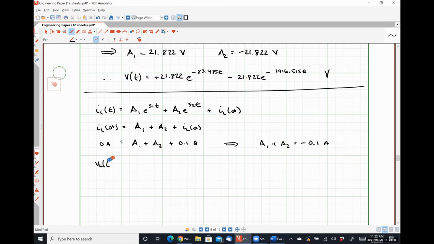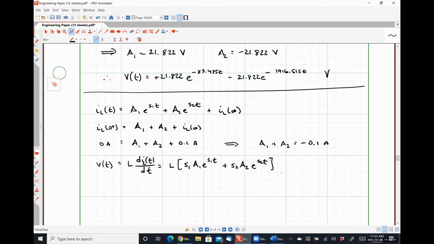V of t, sorry, is given by L di_L by dt, which is going to be L times S1 A1 e to the S1 t plus S2 A2 e to the S2 t.